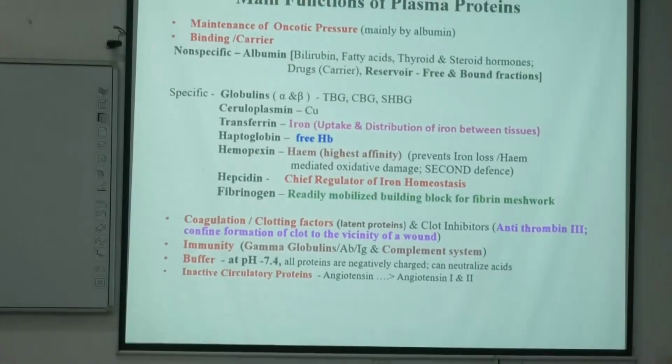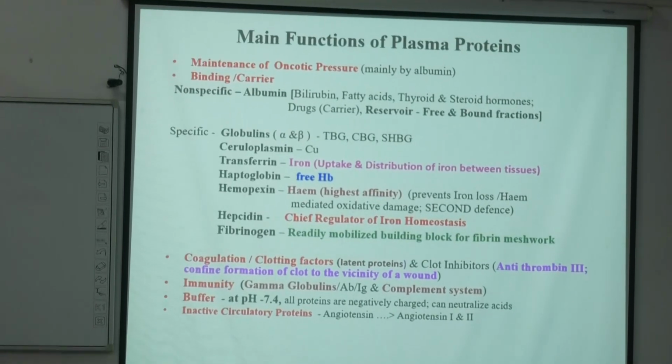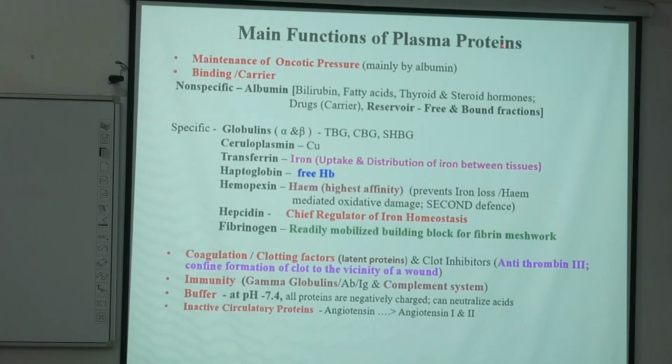Albumin is a carrier molecule, it carries a number of things. Bilirubin, it is very specific in the way that bilirubin is transported by albumin, fatty acid, thyroid hormones, steroid hormones, and most of the drugs are carried by the albumin.